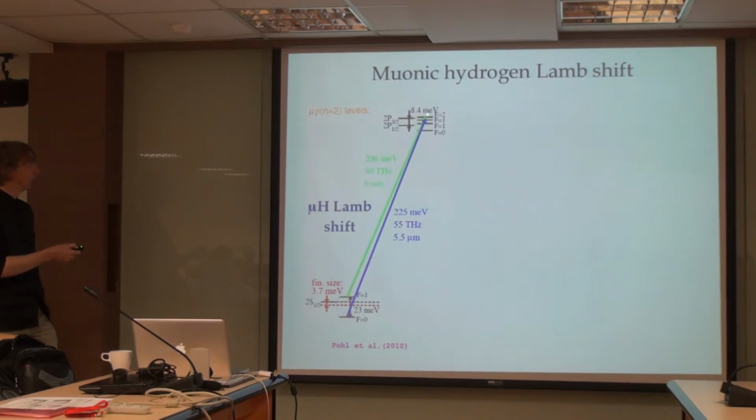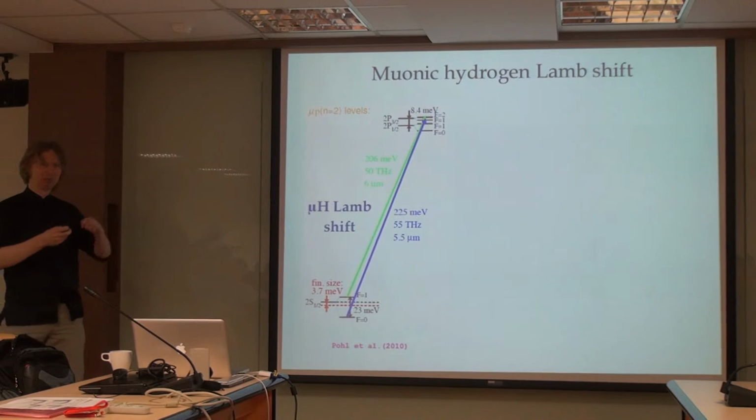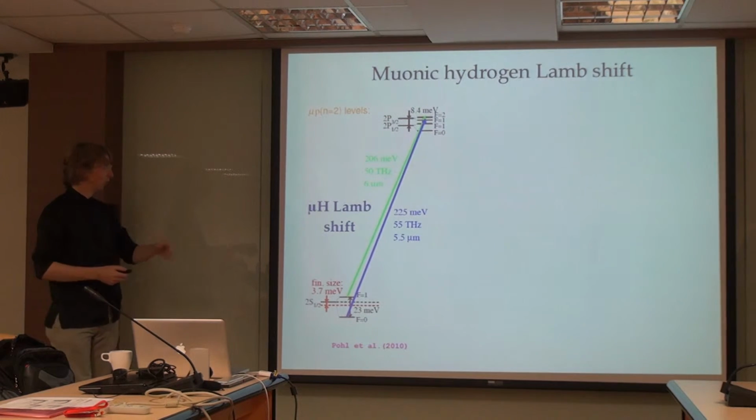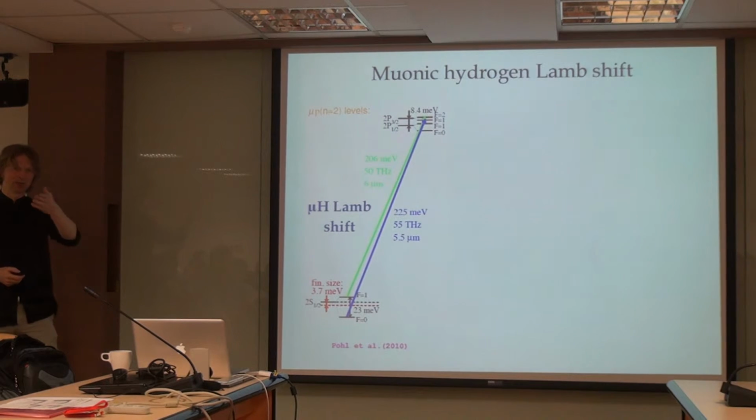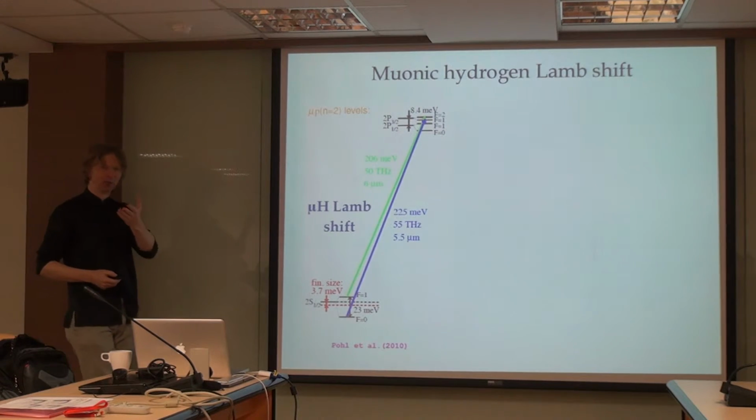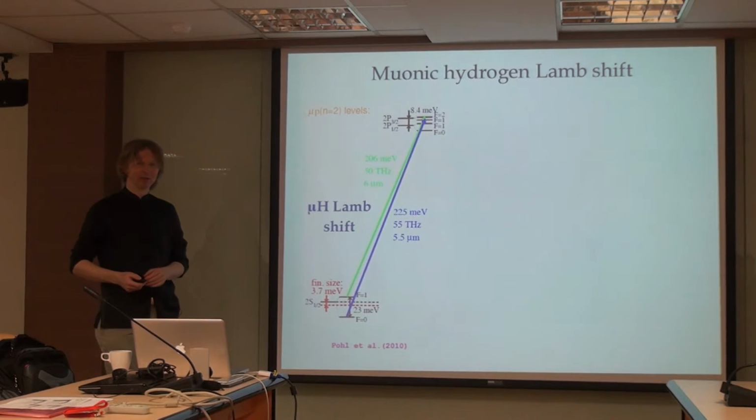Because people measure different hyperfine transitions, by the difference you can not only average, and then you have the Lamb shift, but you can take the difference, and then you are sensitive to the hyperfine splitting. The hyperfine splitting, as you mentioned, will then give you access to the magnetic radius.